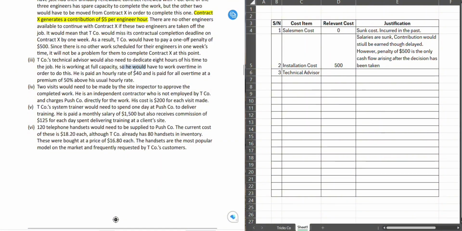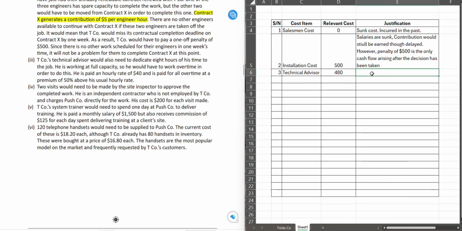He will have to work overtime to work for us. And working overtime is charged at a premium of 50% over the normal rate. So which means he's going to work for 8 hours and he's going to charge us an extra 50%. So we need to multiply his normal rate of 40 by 1.5. So we're going to incur $480 to get that technical advisor to work for us.